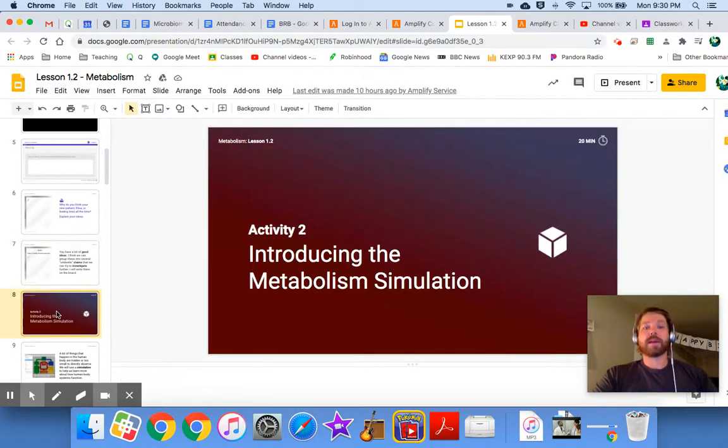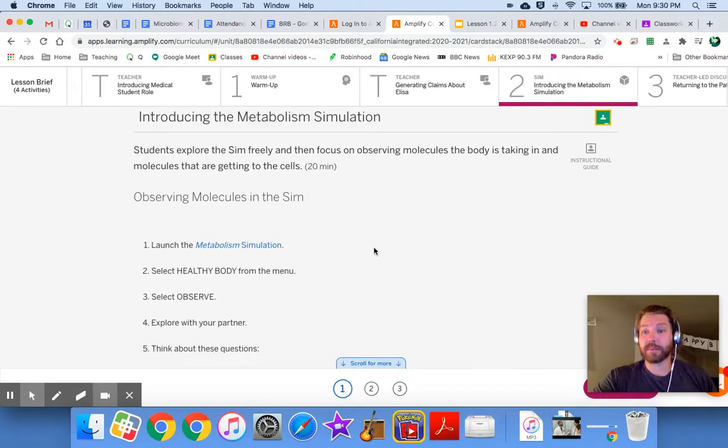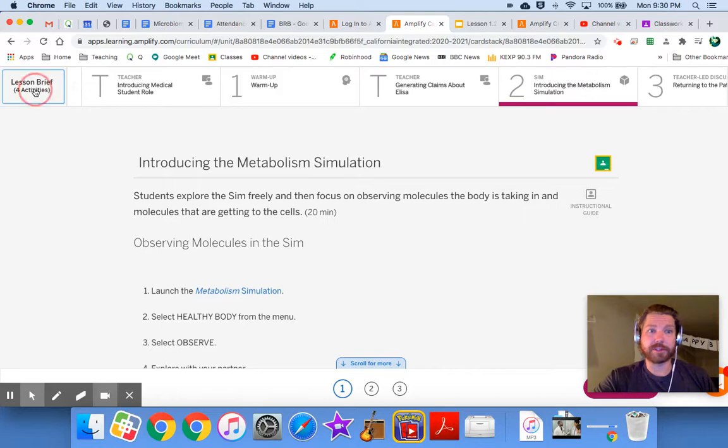This is an involved simulation that we are about to check out. Activity 2 in Amplify right here is really just exploring the simulation. You can launch the simulation right here by clicking on this link. Can I show you another place to get to the simulation?